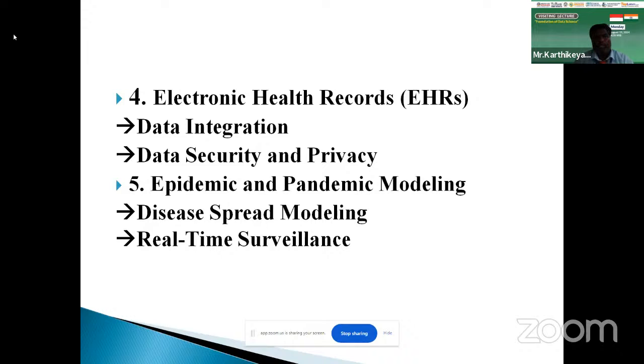These models help in planning and response strategies. And real-time surveillance is a distributed system to aggregate and analyze real-time data on disease incidents from various regions. It provides up-to-date information for public health authorities.